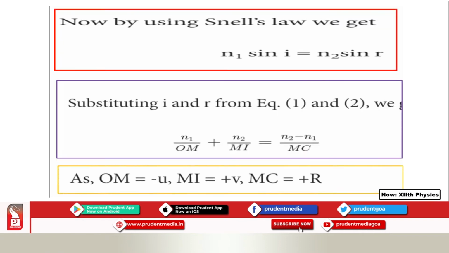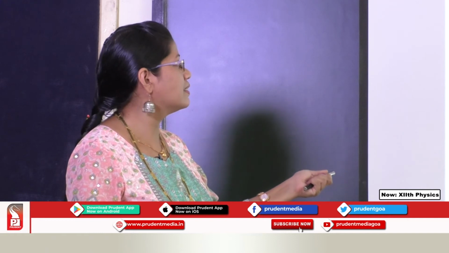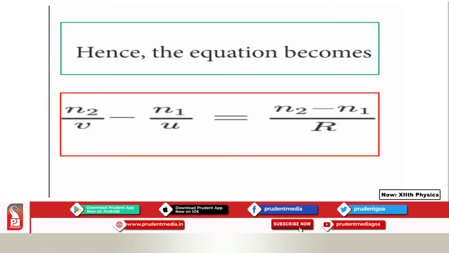So, as per the signs, we get OM equals minus U, MI is plus V, and MC is plus R. So, substituting, the equation becomes N2, that is the second refractive index, upon the image distance, minus the first refractive index N1 upon the object distance, equals N2 minus N1 upon R. So, this is what you need to remember, students.